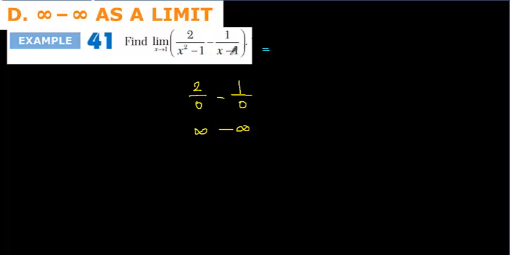x squared minus 1 and x minus 1 have a common factor, which is x minus 1. If I multiply x minus 1 by x plus 1, I will get x squared minus 1. So it's limit x tends to 1 of 2 over x squared minus 1 minus 1 over x minus 1 times x plus 1.